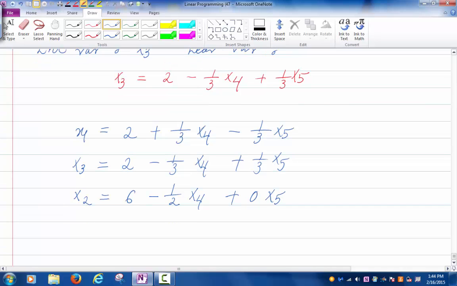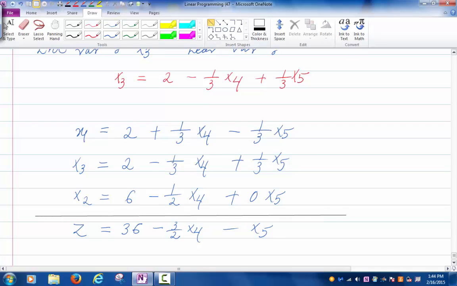And what is the value of z? 36 minus 3/2 x4 minus x5. Now, have I arrived at the final dictionary?